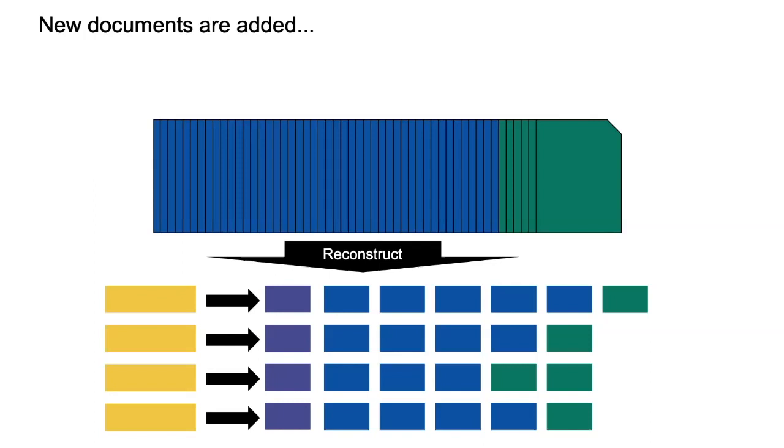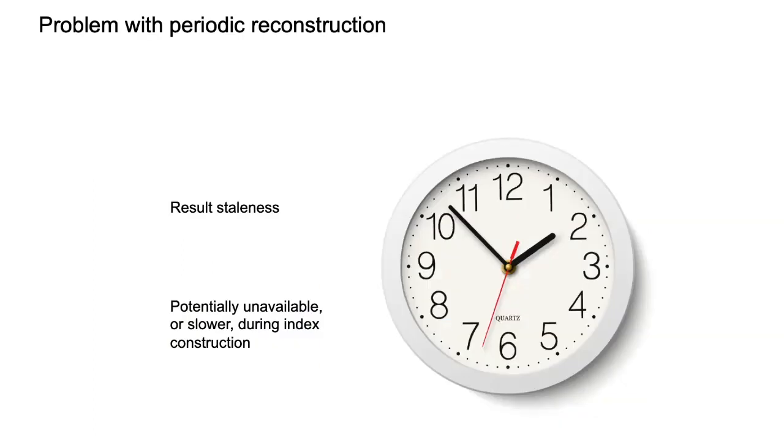And then we just keep periodically reconstructing our index for the entire internet, again and again and again. The problem with that is called staleness: while you are rebuilding a new index, people using your system will not see the new changes yet.